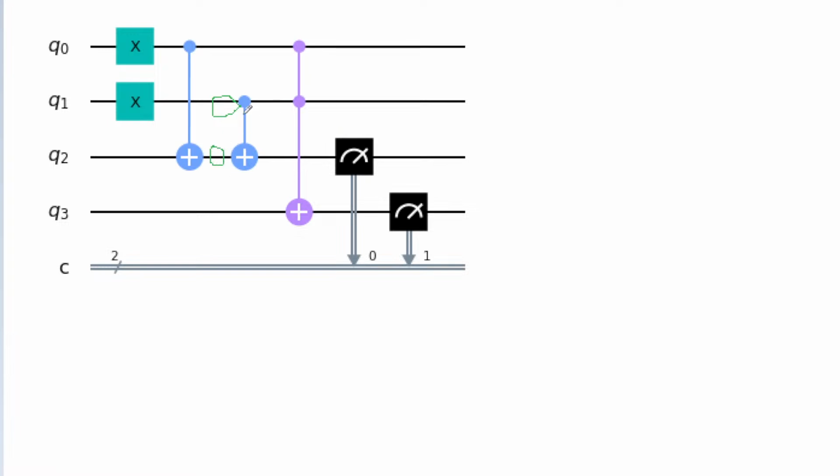What next? Control bit is 0, target bit is 0, the output is like a buffer, 0 0.